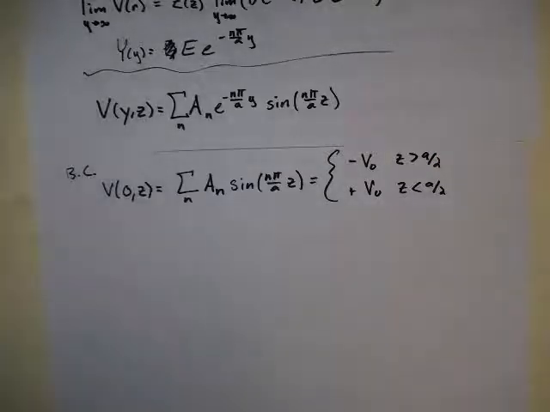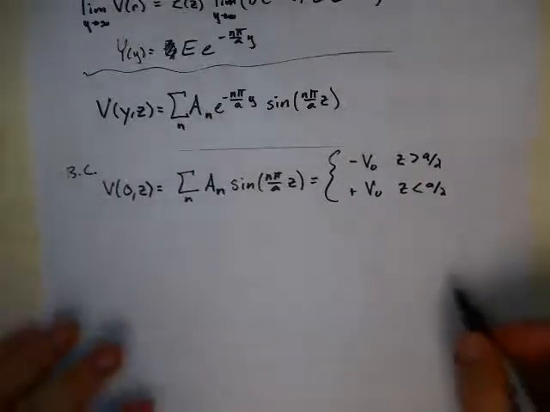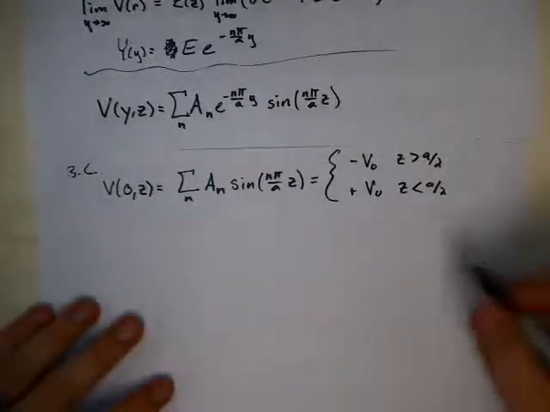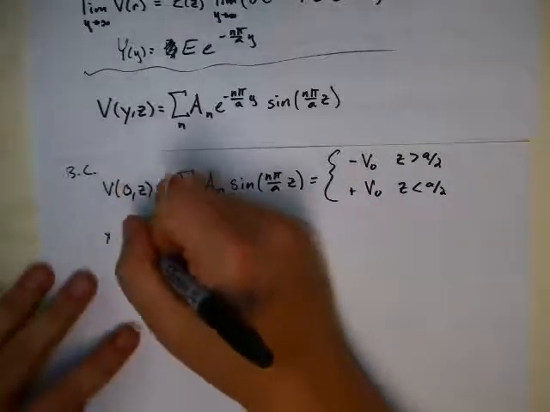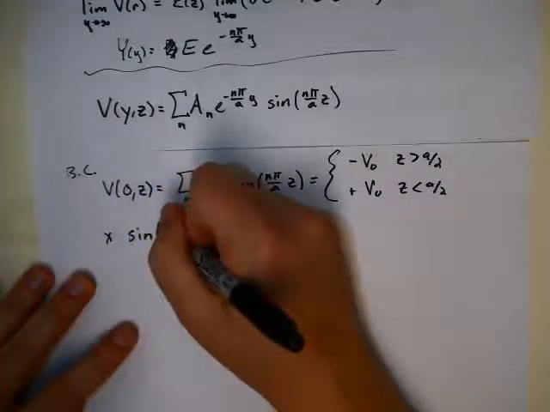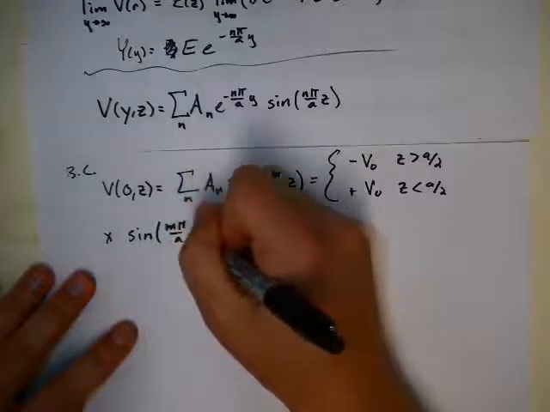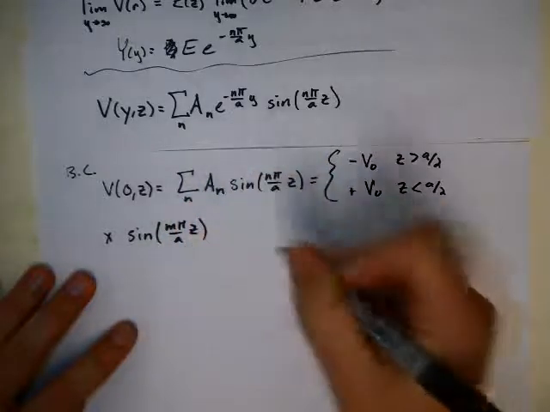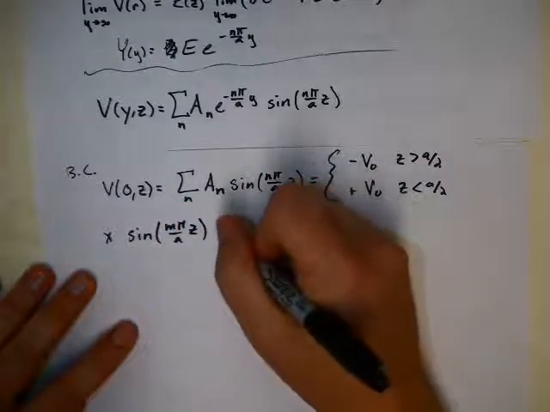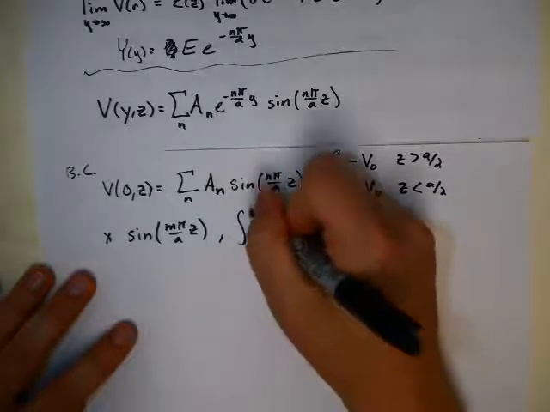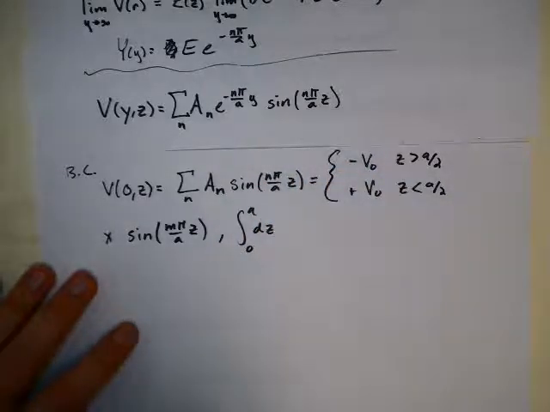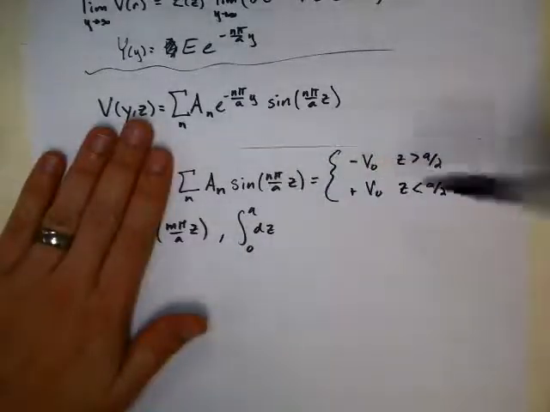And the trick that we use is called Fourier's trick. What we're going to do is on both sides, multiply by sine of m pi over a z, and integrate from 0 to a on z, on the left-hand side here and on the right-hand side there.